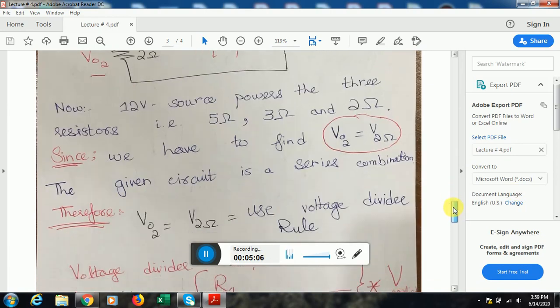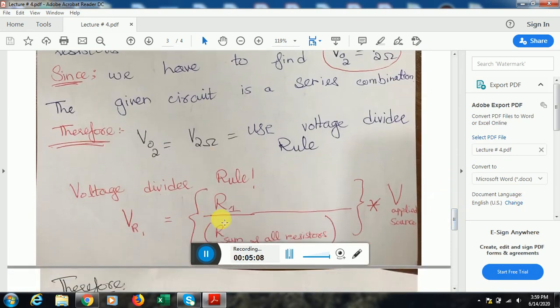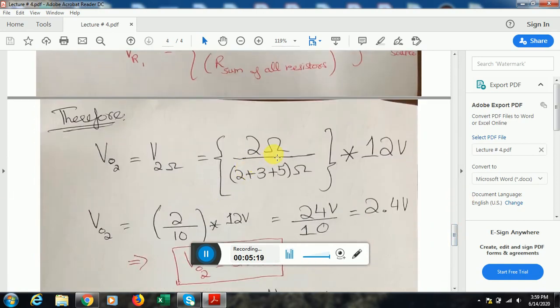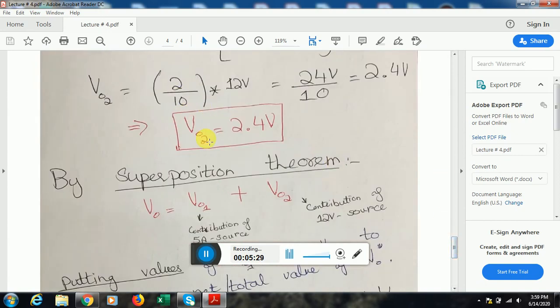So by voltage divider rule, the resistor across which the voltage is found is kept in the numerator, divided by the sum of all the resistors, multiplied by the applied voltage source. So 2 ohm is the resistor across which I have to find V02. This is the sum of all 3 resistors in the series circuit, and the applied voltage source right now is 12 volt. By inserting values, I get V02 is 2.4 volt.